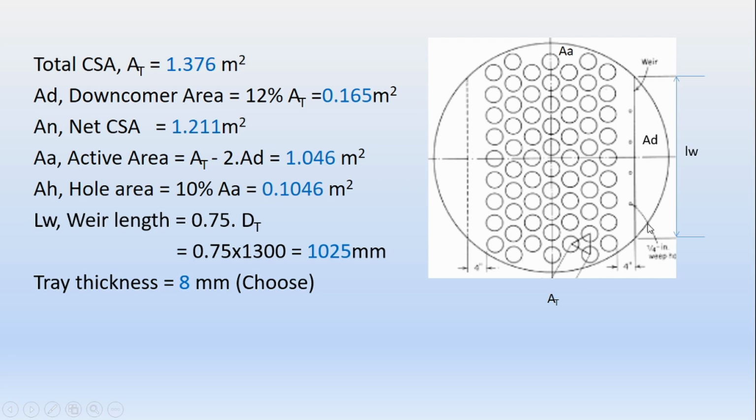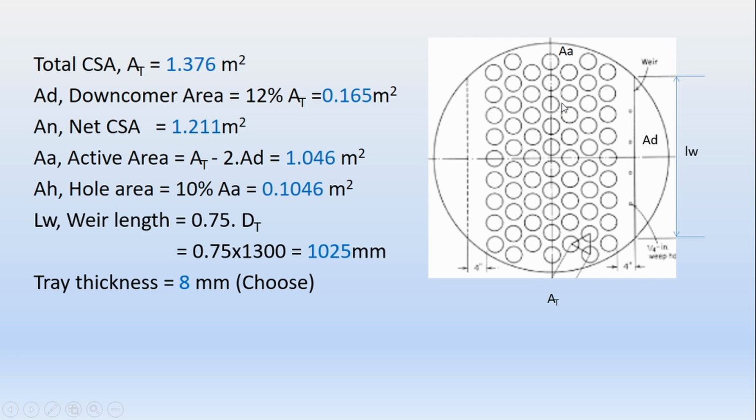So this length from this end to this end is 75% of the diameter of the column. This is the diameter of the column, and 75% is the weir length. All right, so now we know where to place the weir, right? This is LW.